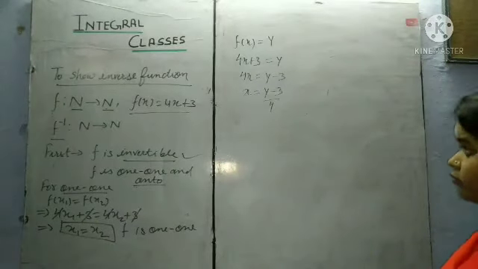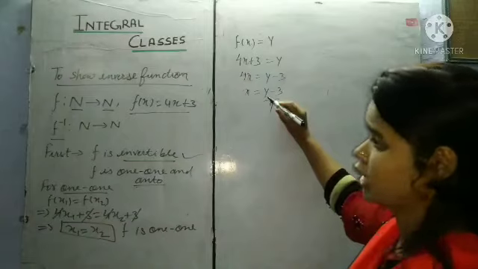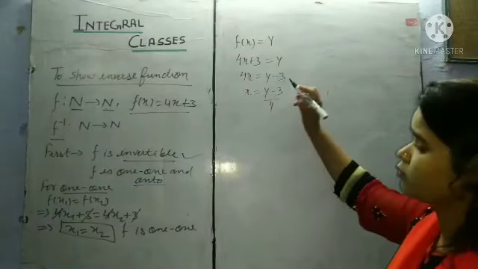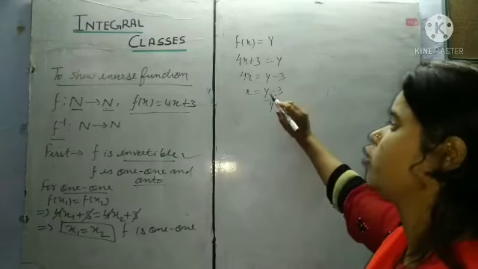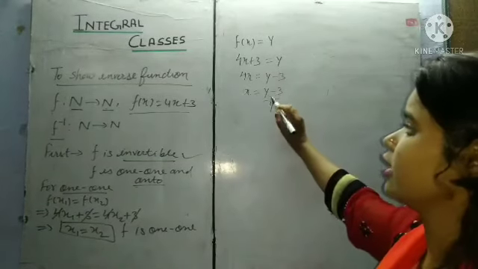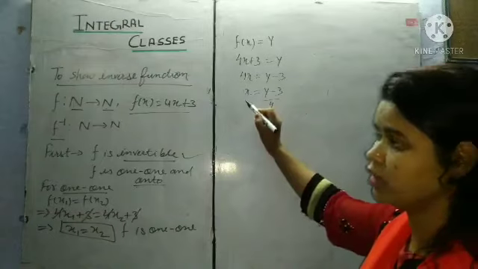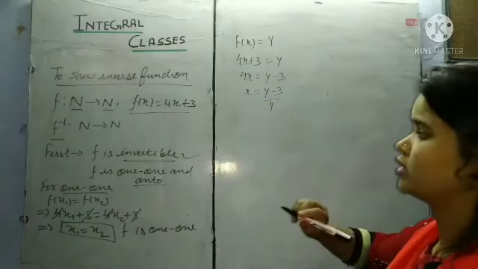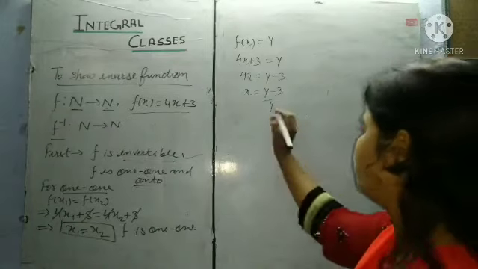So now if we put the value of y here, which belongs to natural numbers, y equal to 1, 2, 3, 4, then we will get the output, which is the value of x, also belongs to natural numbers. So function will be onto also.